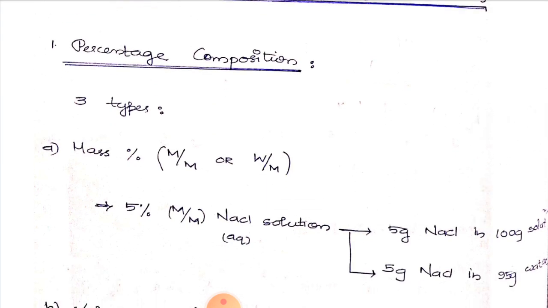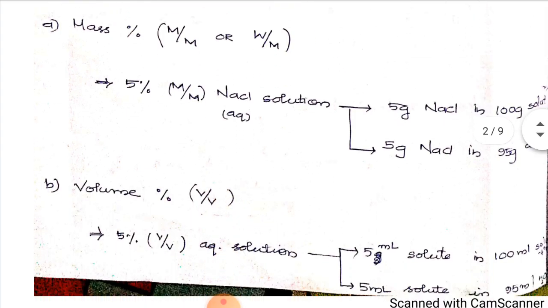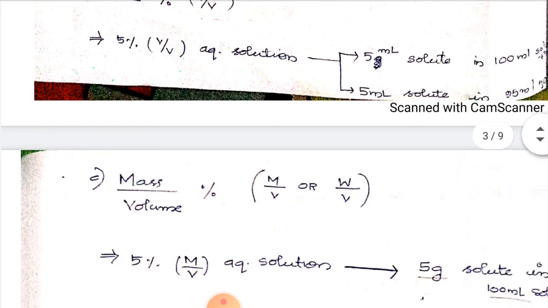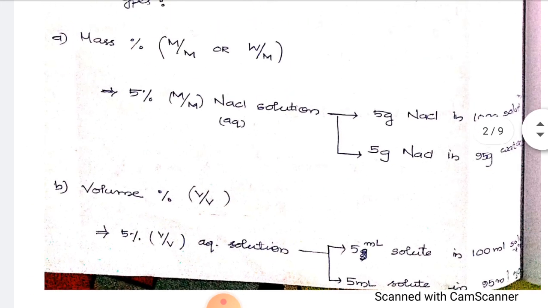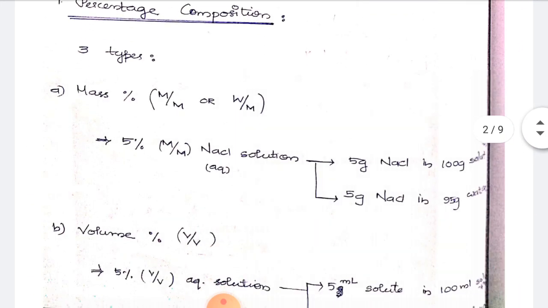The first is mass percentage, the second is volume percentage, and the third is mass by volume percentage. It's a simple concept.